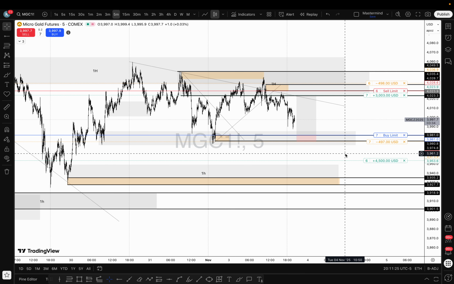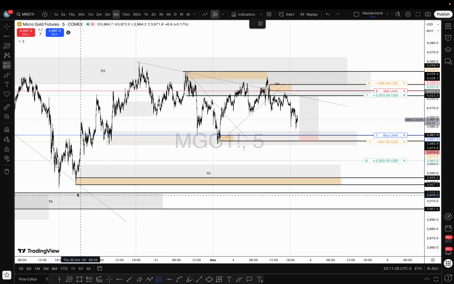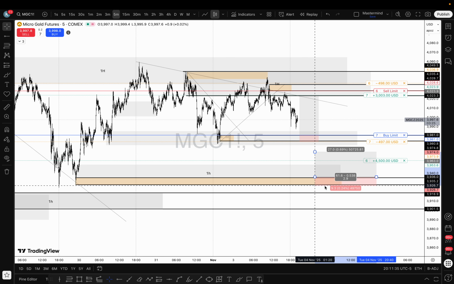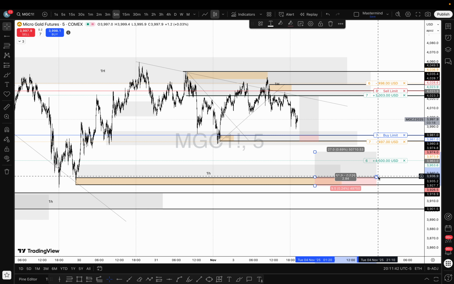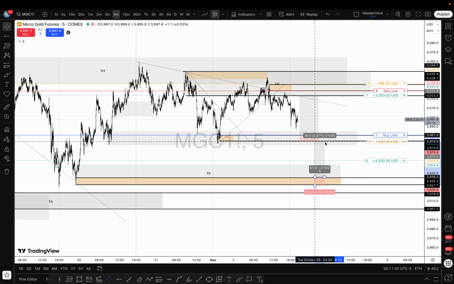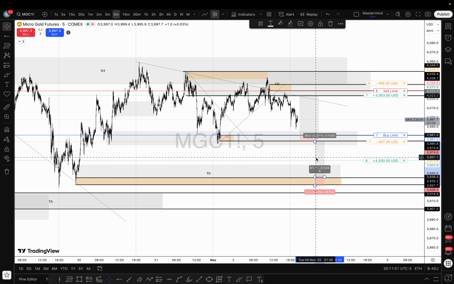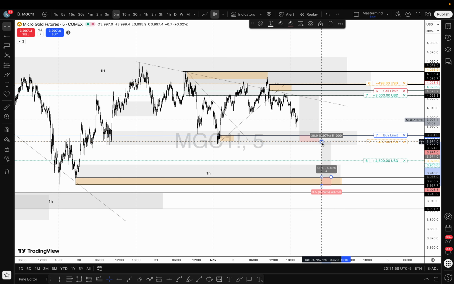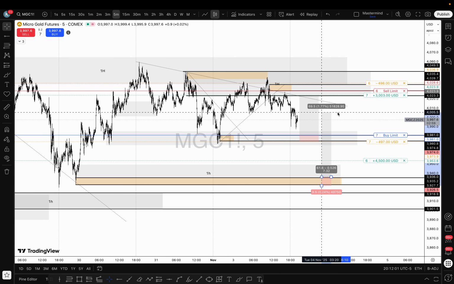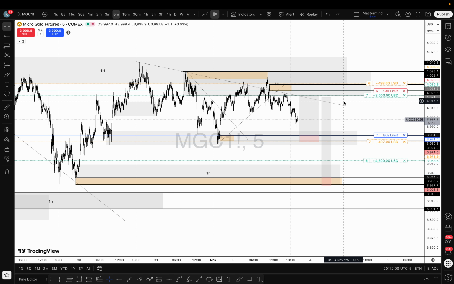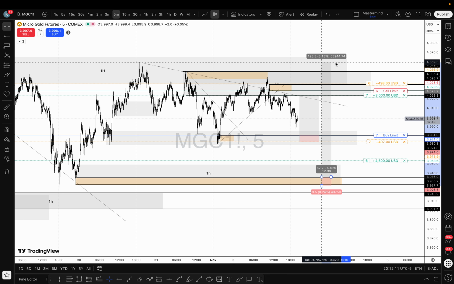Second trade would be this zone. I think we could go for the highest with this one.